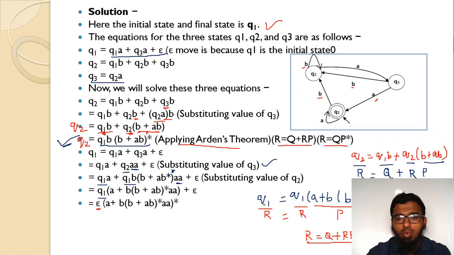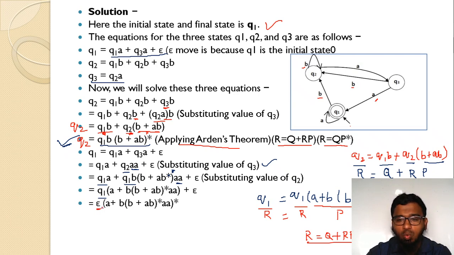So here Q1 is R as per the Arden's theorem, and this whole we can consider as P, plus epsilon is Q. So this equation we can write R is equals to Q plus RP. So whenever we have this kind of equation, we need to write R is equals to QP star.